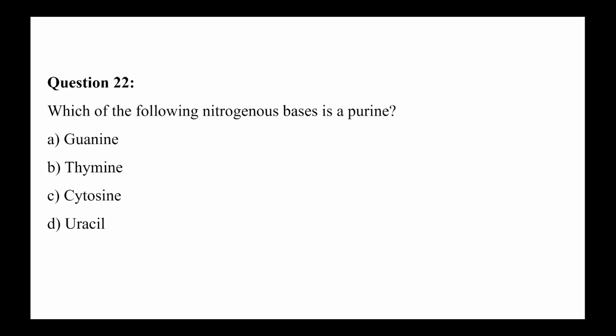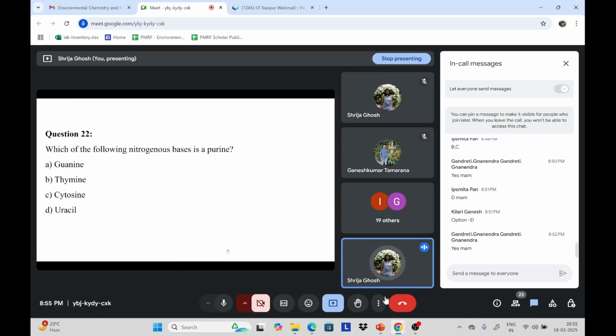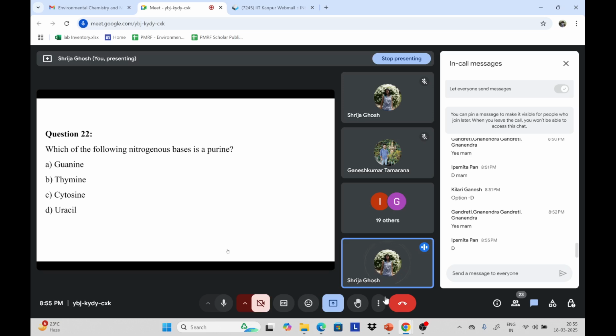Which of the following nitrogenous bases is a purine? Option A, guanine. Option B, thymine. Option C, cytosine. Option D, uracil. I have told you this in the last session also, about purines and pyrimidines. Which of the following nitrogenous bases is a purine?